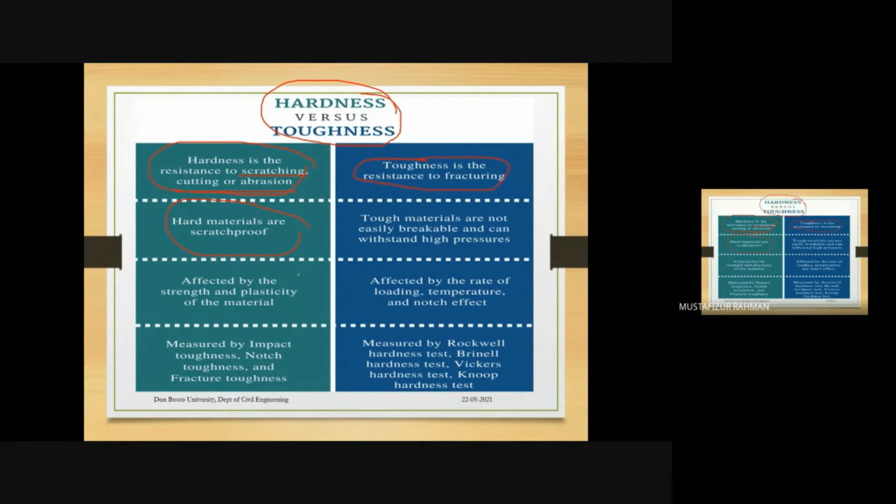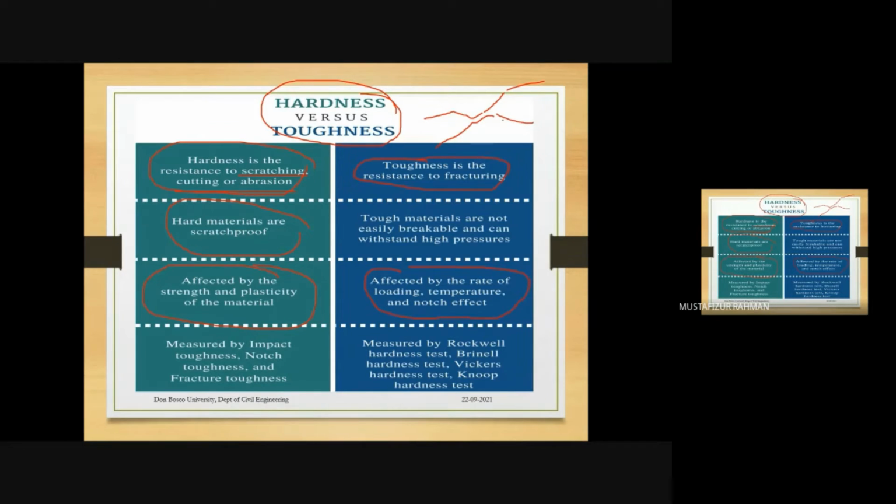Hard materials are affected by strength and plasticity of the material, and toughness will be affected by rate of loading, temperature, and knots effect. What is knots effect? Whenever we are pulling some metal, what happens after some time? There will be some neck formation, knots formation like this. So that is knots effect.